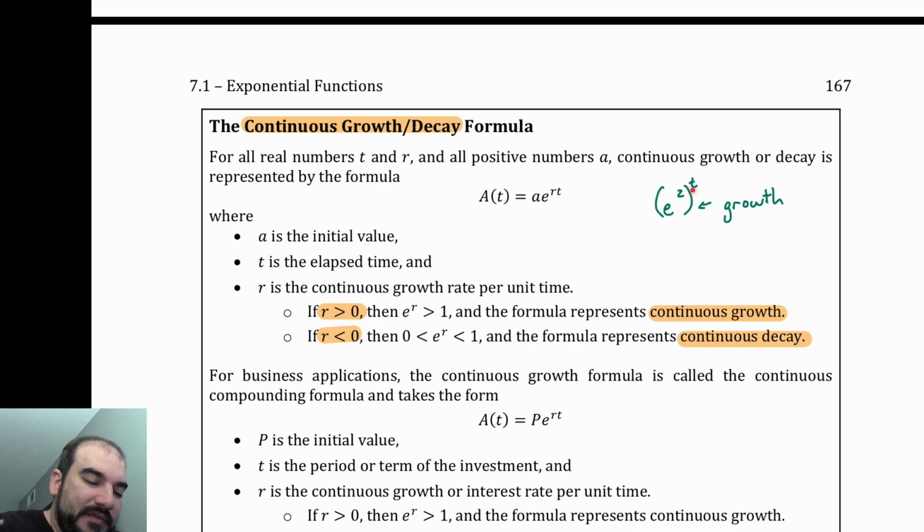And t is the thing that's a variable. So e squared, this thing in here, is the old b. That's the b from earlier, right? So that e to the r power is kind of like the b from earlier.